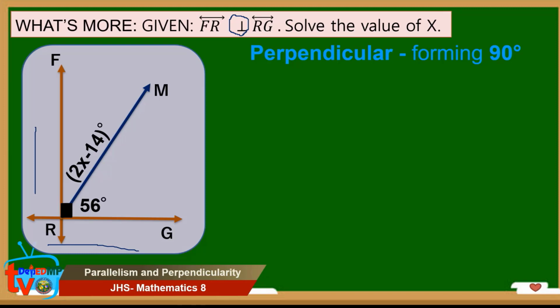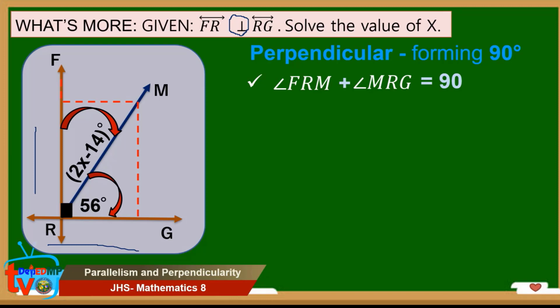We add the two given angles. Angle FRM plus angle MRG is equal to 90. Then substitute the expressions. We arrive at 2x minus 14 plus 56 is equal to 90.